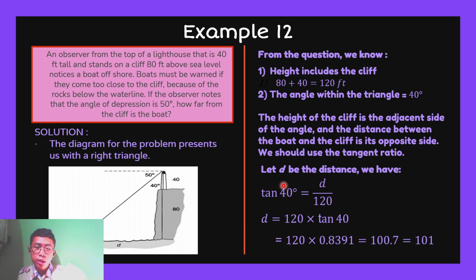We have tangent 40 degrees is equal to D per 120, because we want the value of D. D is equal to 120 times tangent 40 degrees, which is 120 times 0.8391, equal to 100.7. So we round up, so the value is 101.